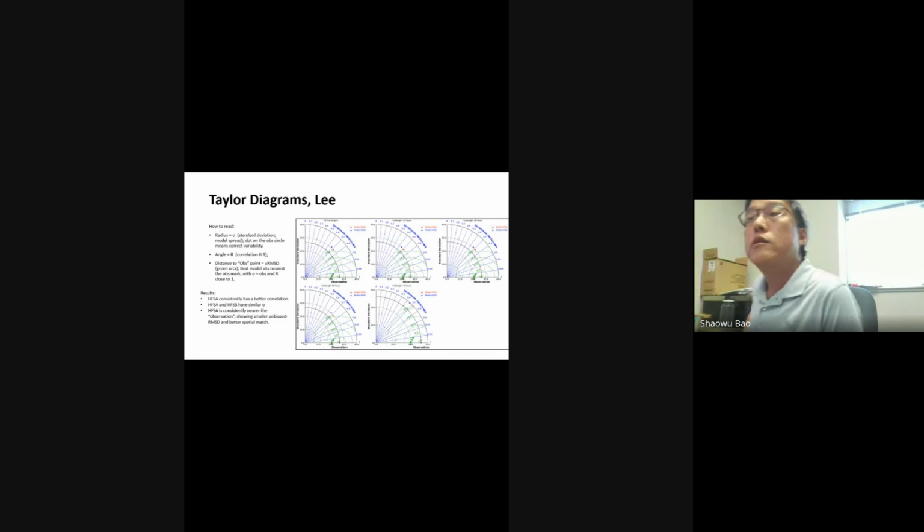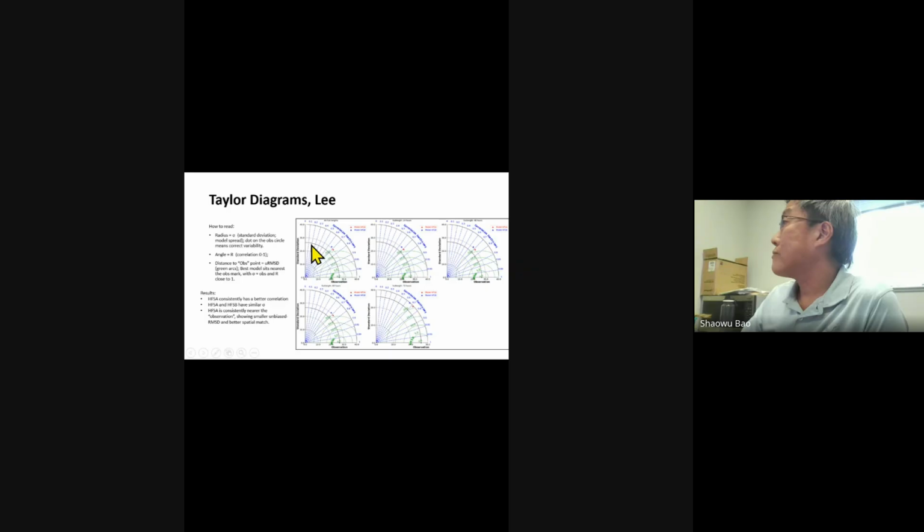Now we look at the Taylor diagram. In the Taylor diagram, from the angle you see the correlation from 0 to 1, and the larger the better. The black contours show the standard deviation, sigma.